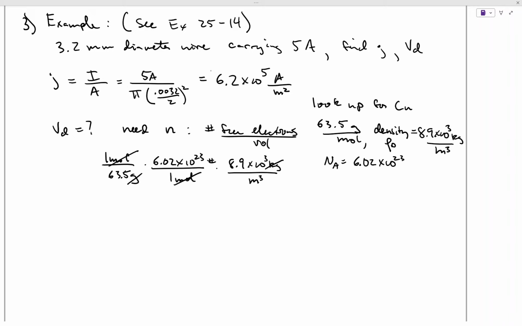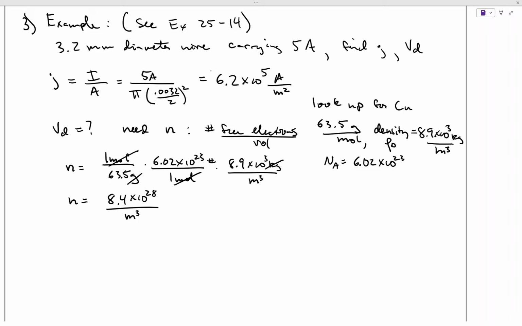And assuming that in copper there is 1 charge carrier per atom, then this would give you the number of carriers per volume. So if you multiply these ingredients together, you would find that n is 8.4 times 10 to the 28th per meter cubed.